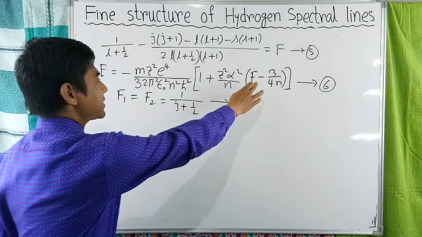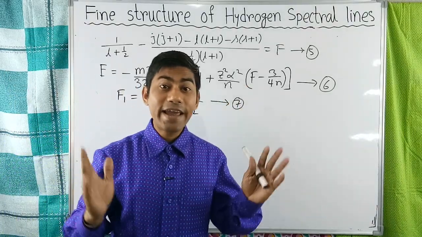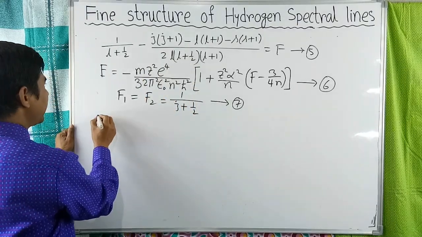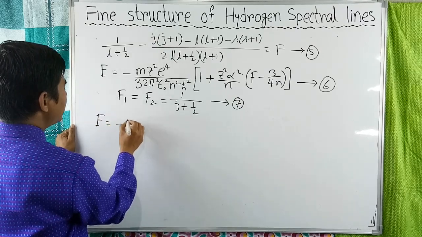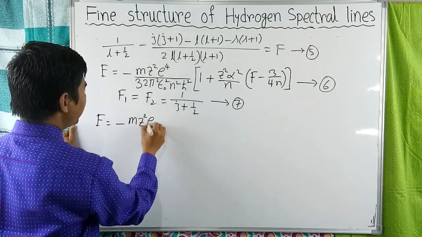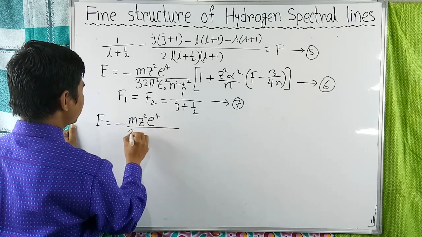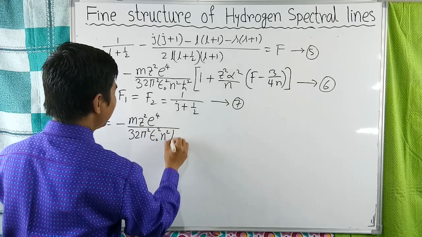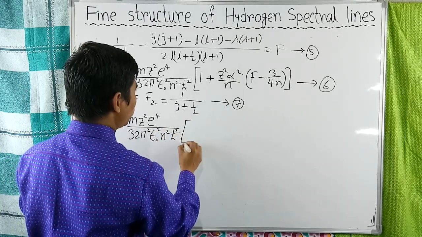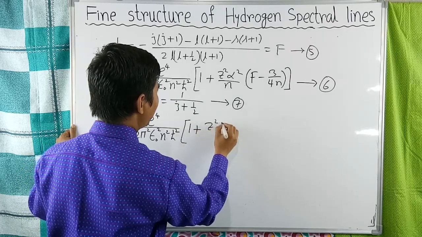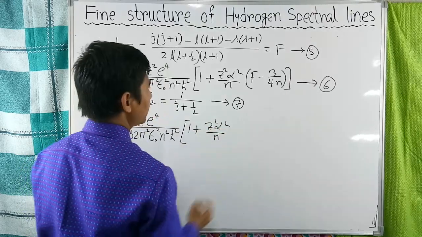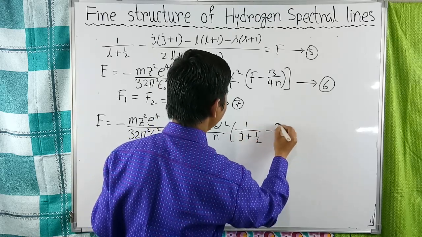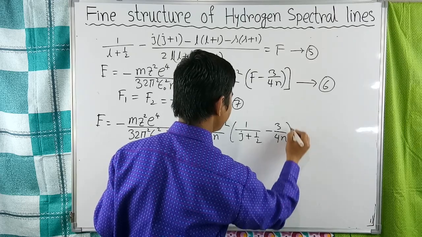Now equations 6 and 7 show that in the same two states electrons have equal energy given by E equals minus m z square e to the power 4 by 32 pi square epsilon 0 square n square h cut square into 1 plus z square alpha square by n into 1 by j plus half minus 3 by 4n.